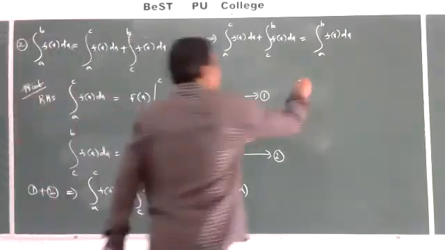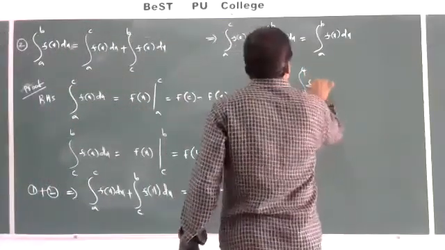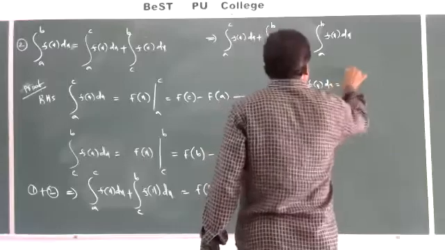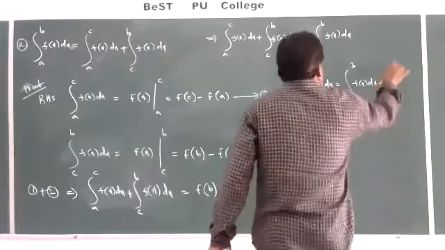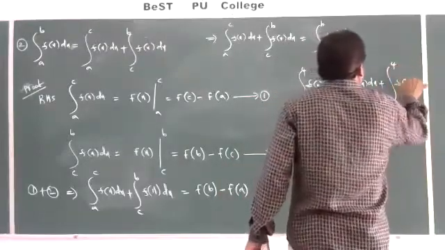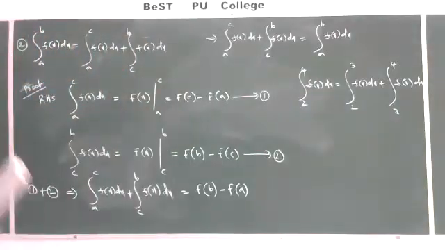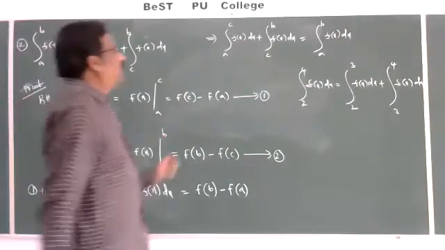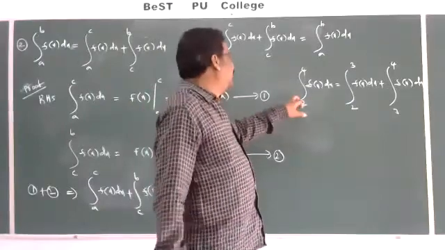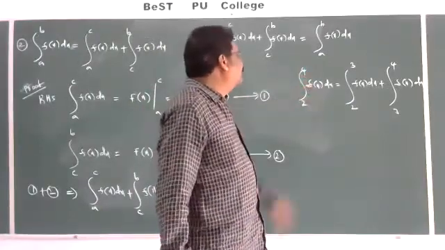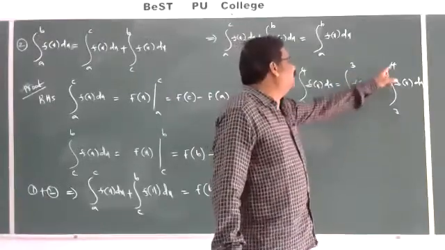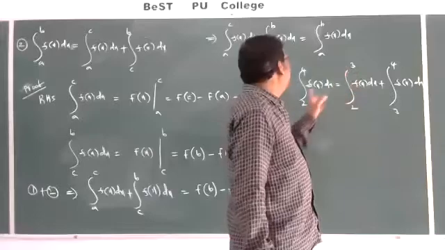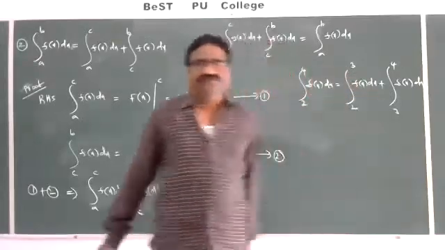For example, integral 2 to 4 f of x dx is equal to integral 2 to 3 f of x dx plus integral 3 to 4 f of x dx. We can use this property in problems like this, since 3 lies in between 2 and 4.